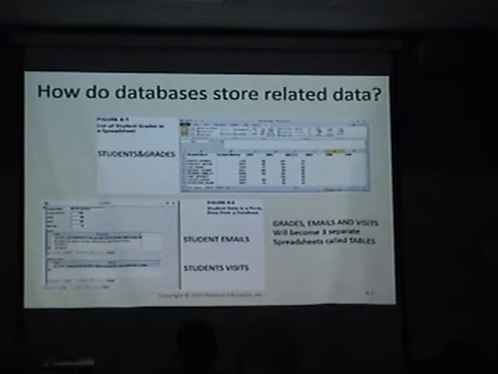Students send emails. But unlike the entity relationship diagram we have over here, where something has many somethings and that has many something else's, this is just a little bit different.